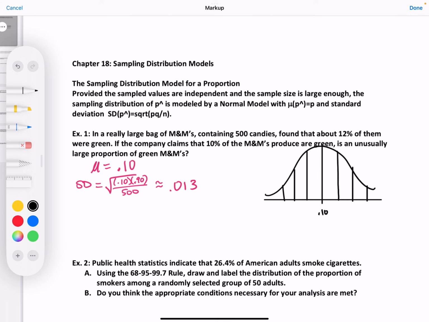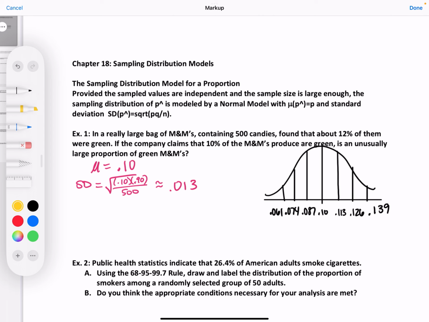So this is 0.1, then 0.113, plus 0.013 is 0.126, plus 0.013 is 0.139. Then subtracting: 0.087, 0.074, 0.061.